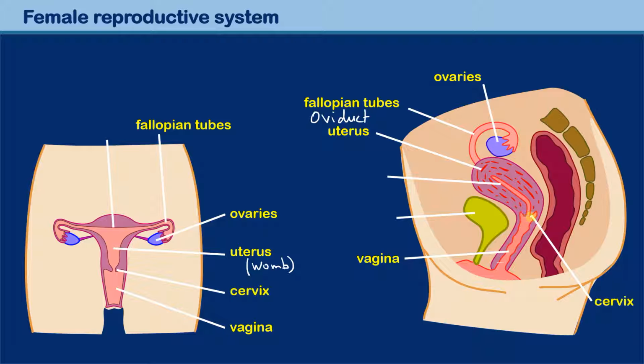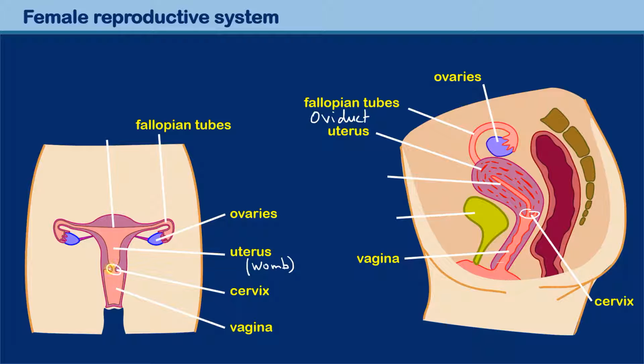The cervix is the lower part of the uterus, and you can see that there is a small hole over here, and this is closed. The sperm cells have to enter the uterus through the cervix.